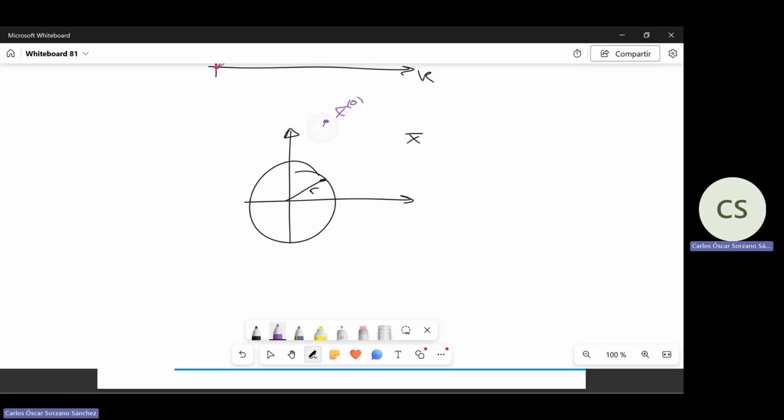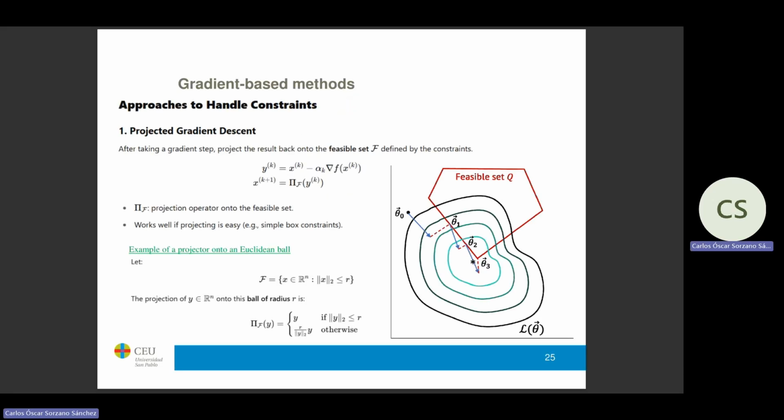So you would join by a line, and you have to move along this line, reaching this point. So you look at the formula, that is exactly what it is down here.